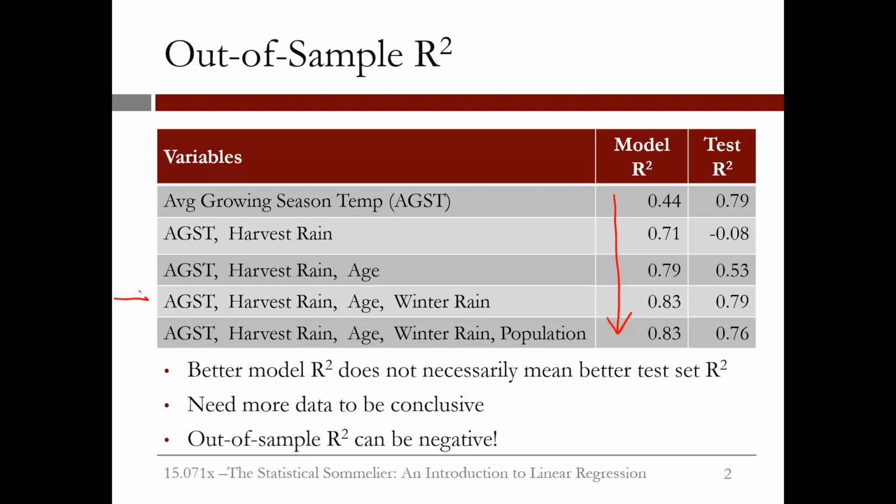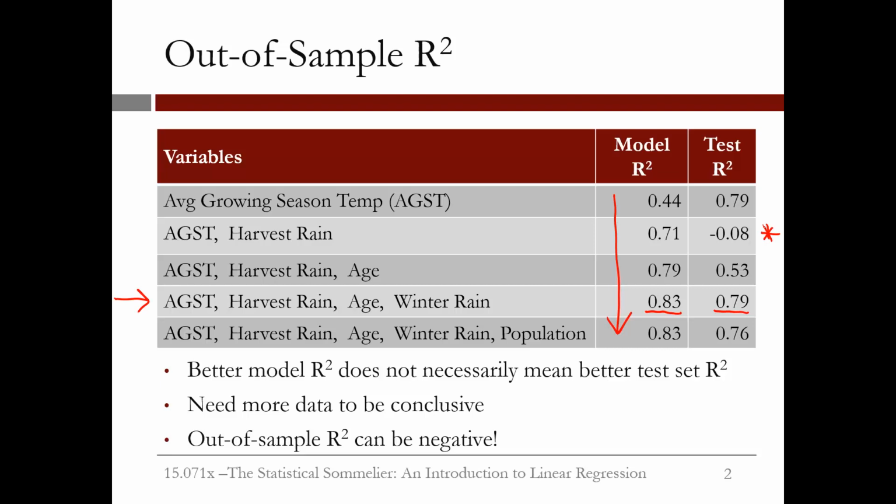However, it looks like our model that uses average growing season temperature, harvest rain, age, and winter rain does very well in sample on the training set, as well as out of sample on the test set. Note here that the test set R-squared can actually be negative. The model R-squared is never negative because our model can't do worse on the training data than the baseline model.